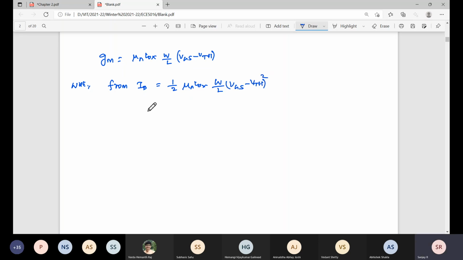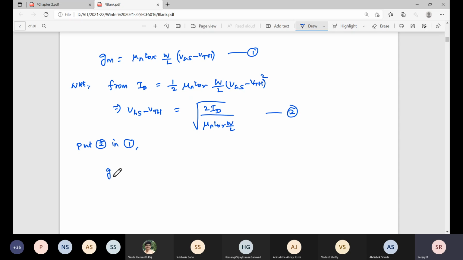From this we get VGS minus VTH equals root of 2 ID divided by mu n Cox W by L. This is the square of VGS minus VTH, and since we want VGS minus VTH, we take the root. So this is equation 2, and this is equation 1. Put 2 in 1.